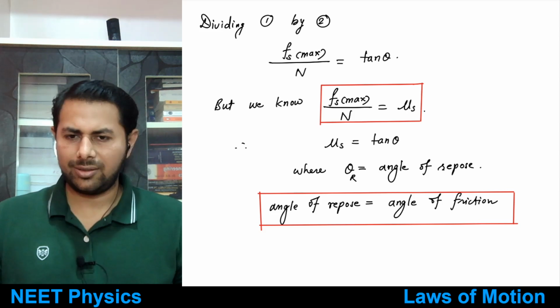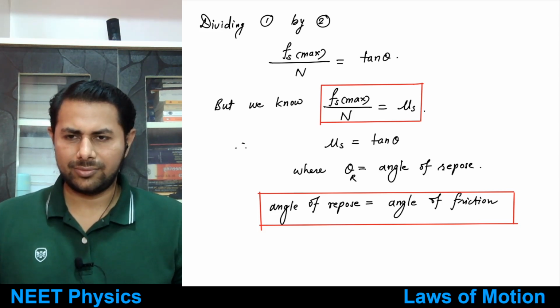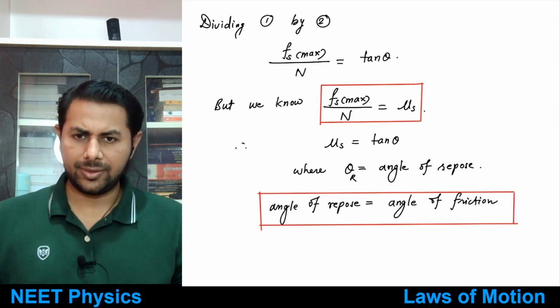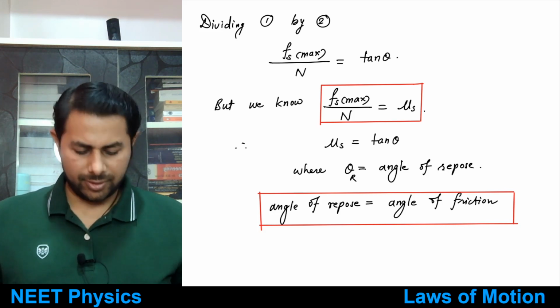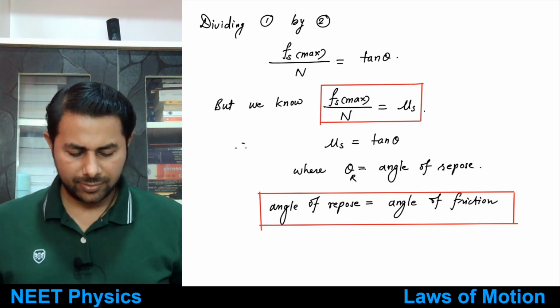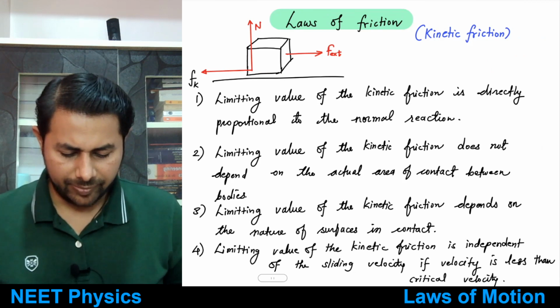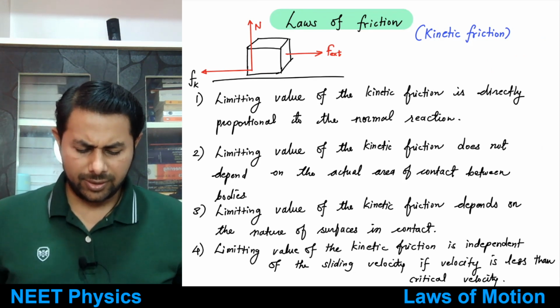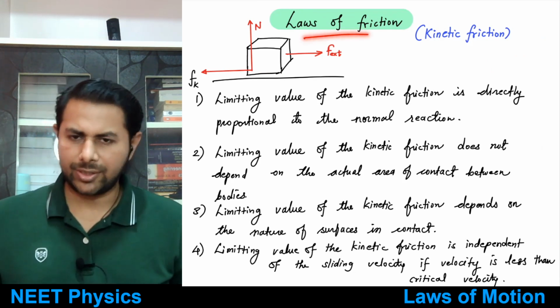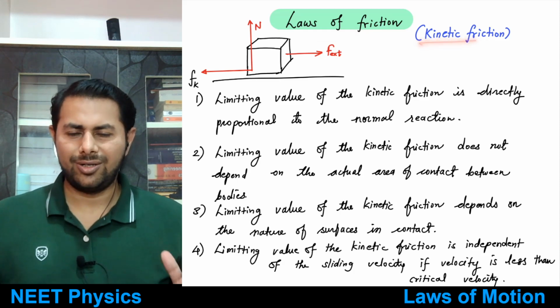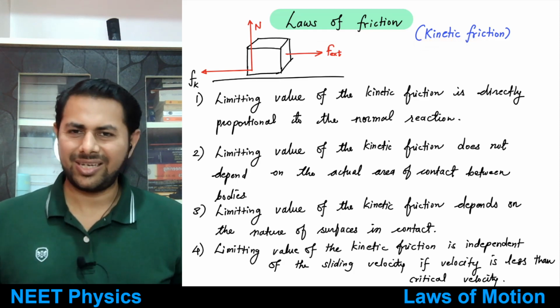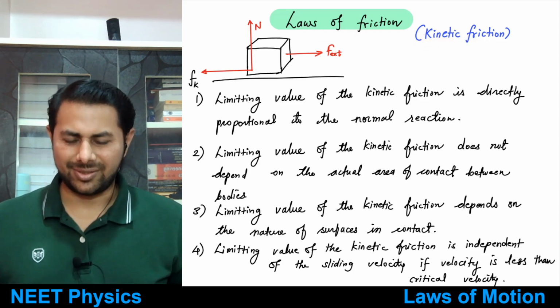Is this clear? Everyone, yes, no? Okay, good. So remember this. Then there are laws of friction for kinetic friction, and they are exactly the same as those of static friction.